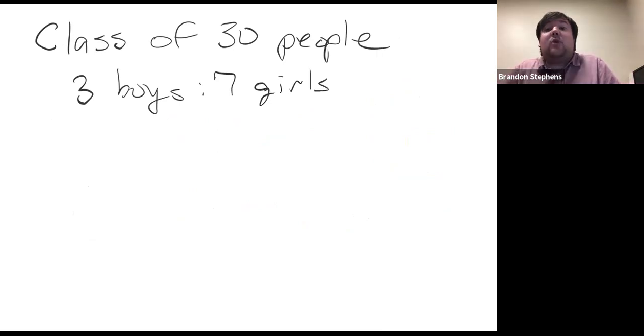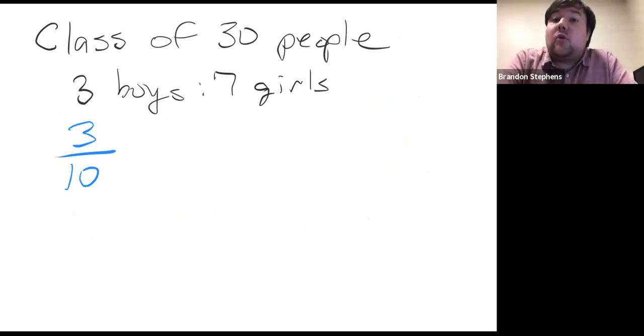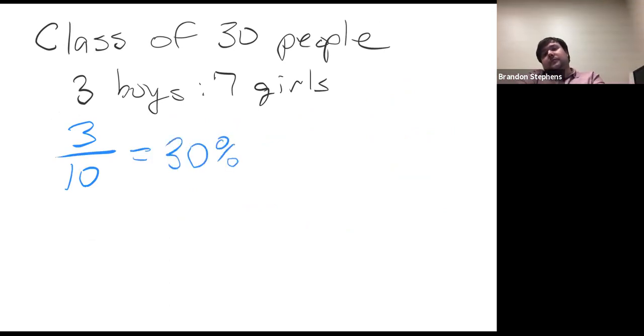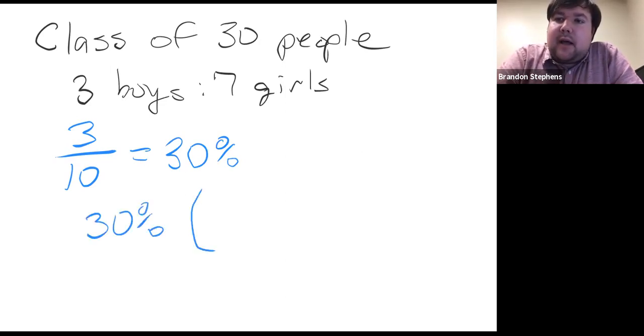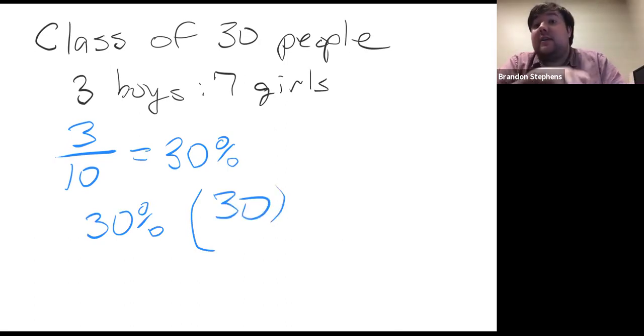And we want to know how many of the people are actually boys and how many of them are girls. Well, we already have determined that the proportion of boys is 3 out of 10 or 30%. And so all you have to do is take that proportion or that percentage and multiply it by the number of people, which would be 30 in this context.